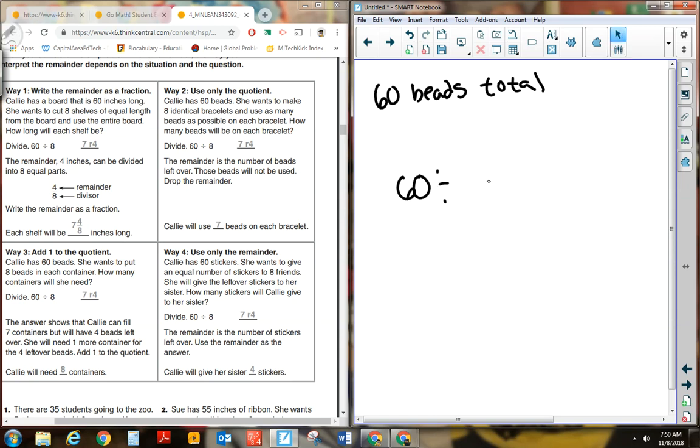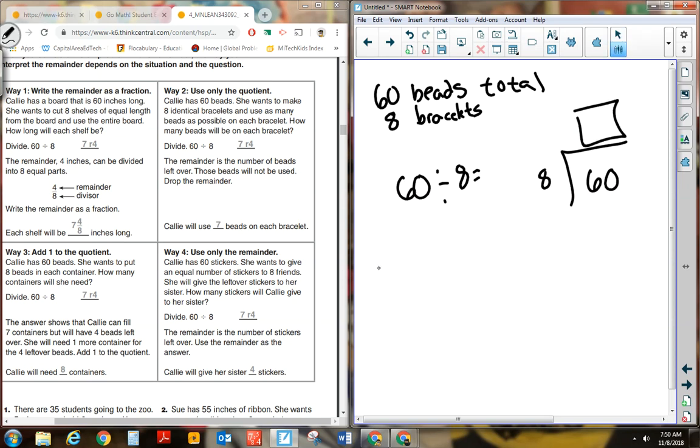So we're going to do 60 divided by 8. She wants 8 identical bracelets. So I think of this as the groups. So 60 divided by 8 equals something. She wants 8 bracelets, or my 8 groups here.